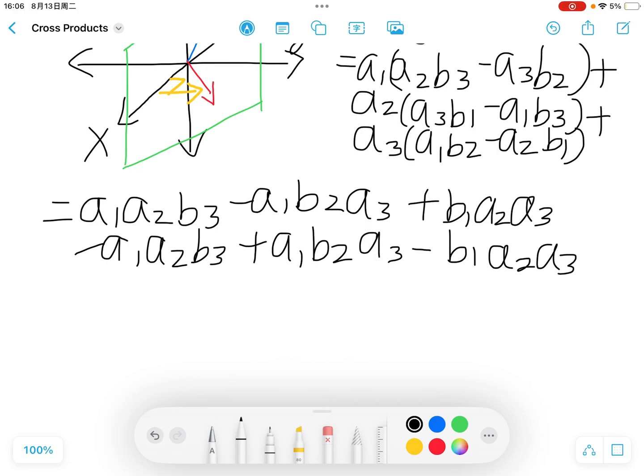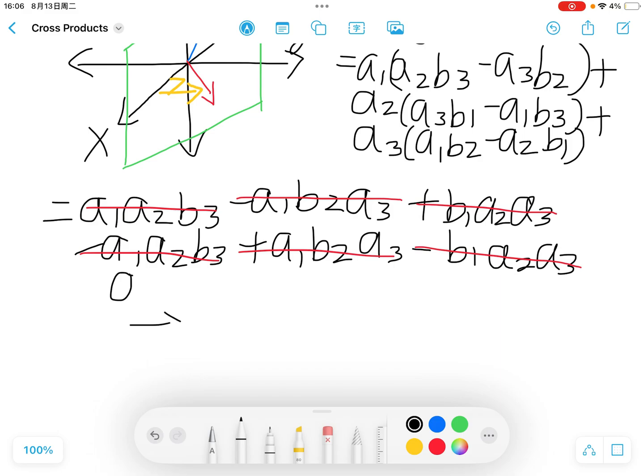As you can see, we can cancel terms against each other, because B1 A2 A3 has a plus and a minus term, and so do the others. So we are left with nothing, and we have 0.